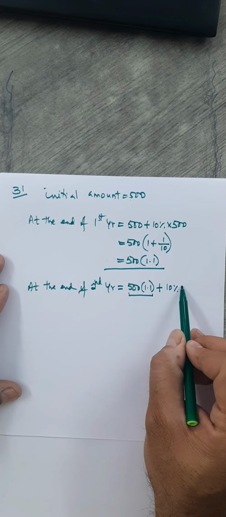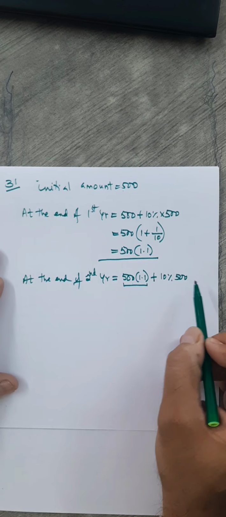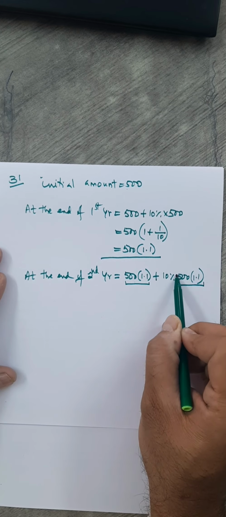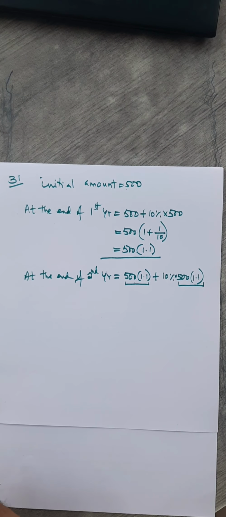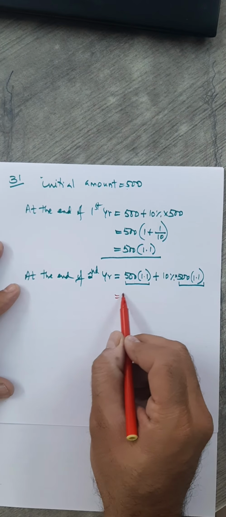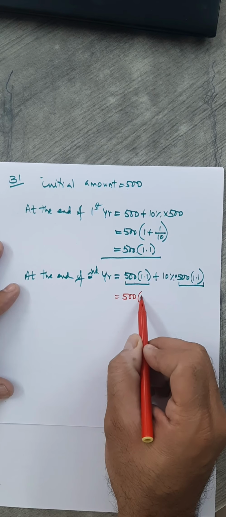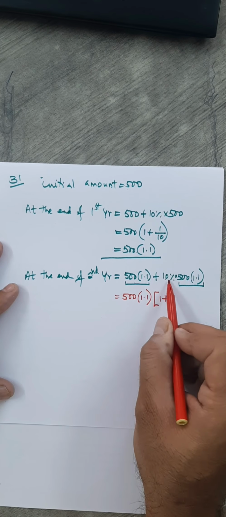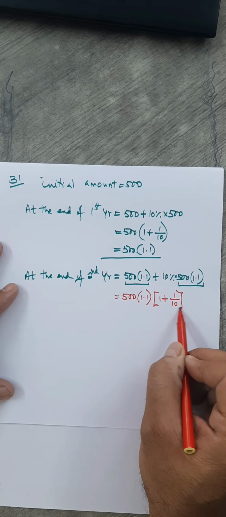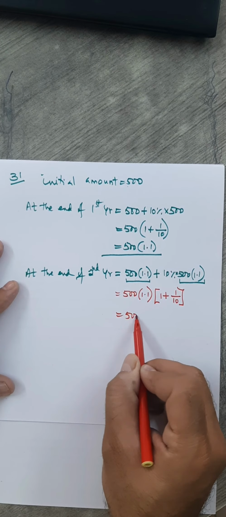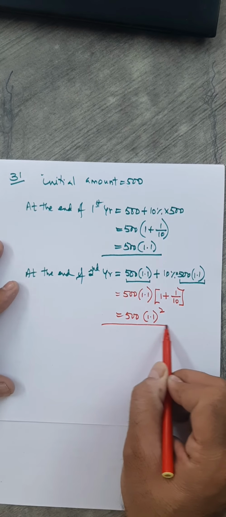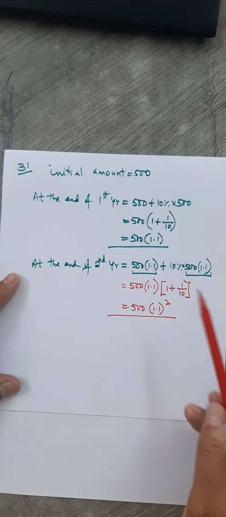Now amount is this 500 into 1.1, and 10% of this. So you can find this much common. I'll take 500 into 1.1 common. What will I get from this? This is 1 plus 10%, which means 1 by 10, so this is again 1.1. So 1.1 the whole square.